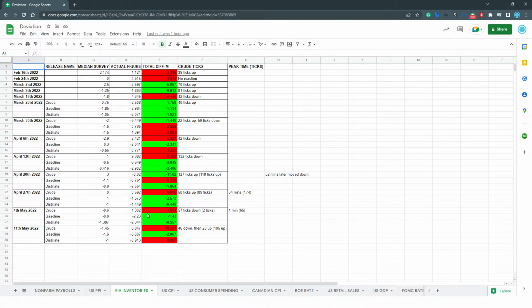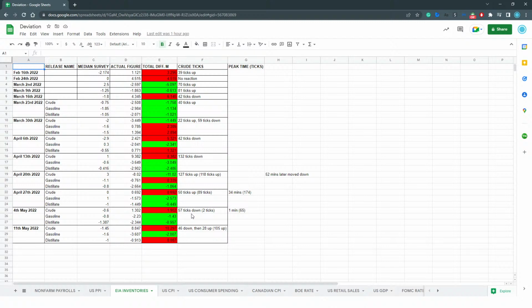So again, here we'd seen that although there was an overall build, draw in the figures that we received on the 4th of May a couple of weeks ago, it didn't really outweigh the headline figure by that much, which had seen about 1.9 deviation.